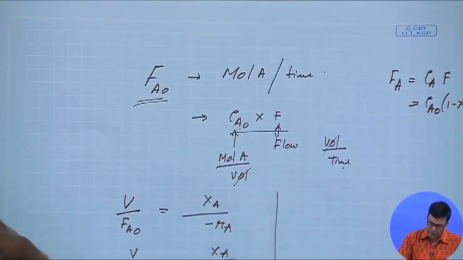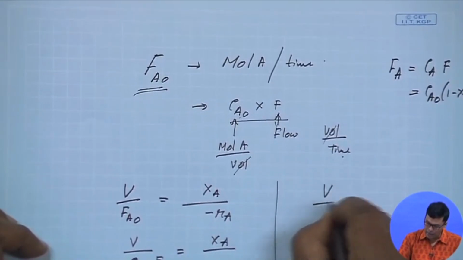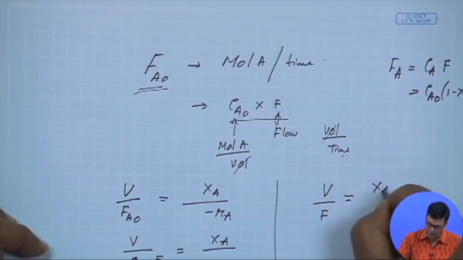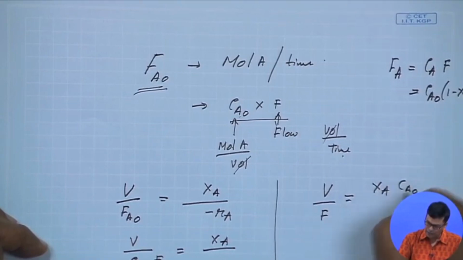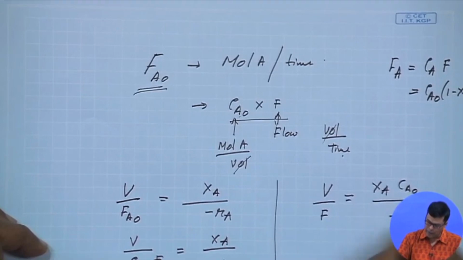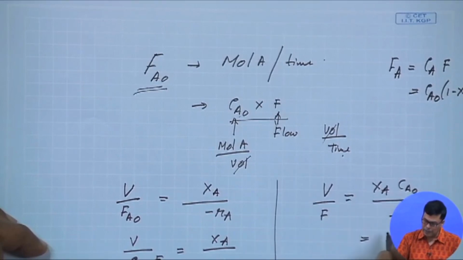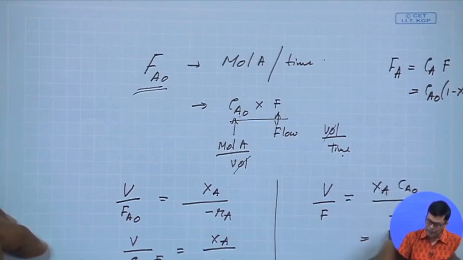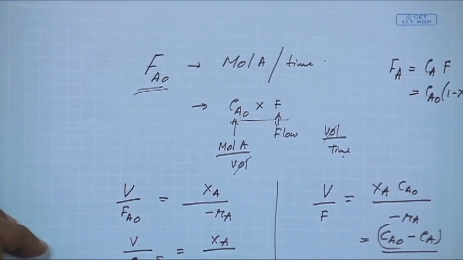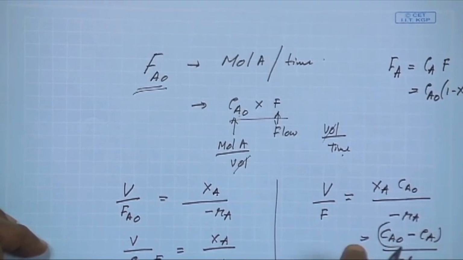So here I can write V by F equal to Xa into Ca0, divided by minus Ra. And what is this? Xa into Ca0 is the substrate that is converted, that is Ca0 minus Ca, divided by minus Ra. So this is very simple.